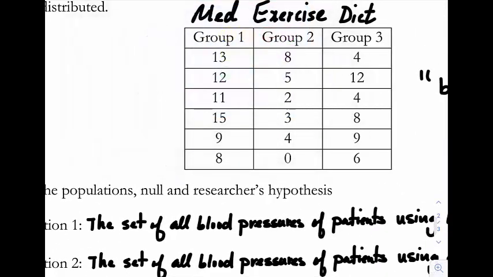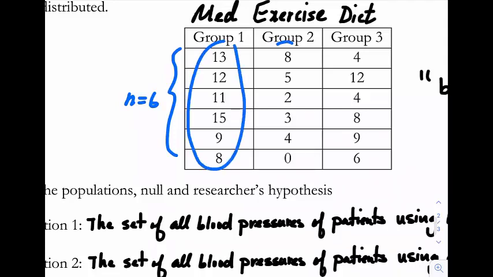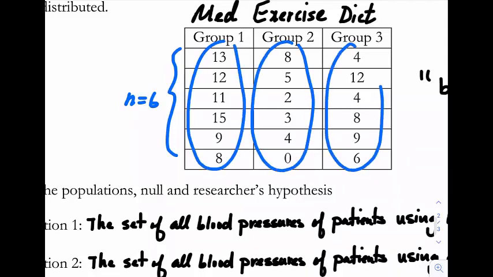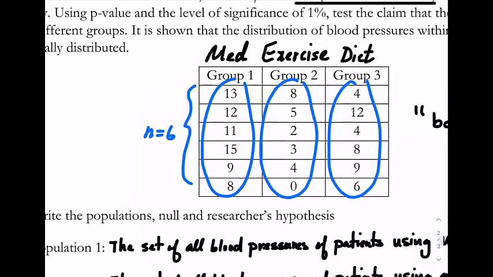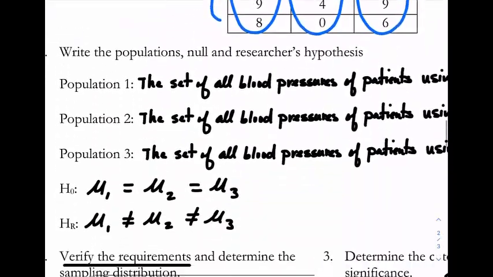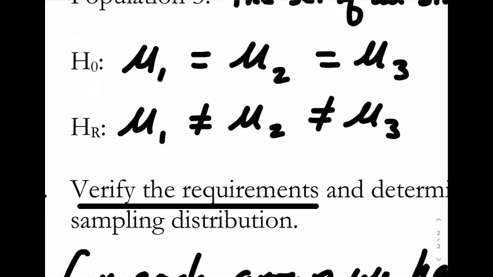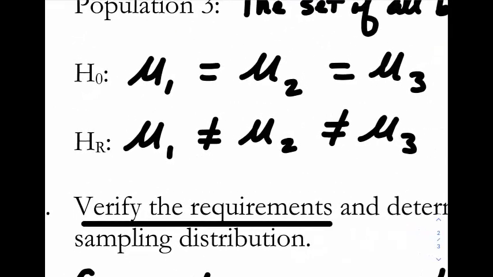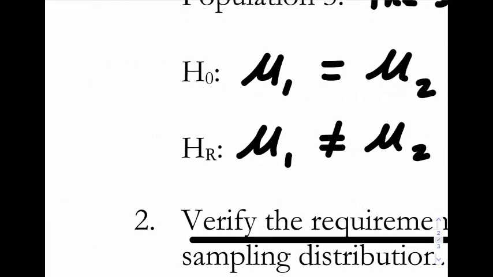But one thing to point out, even when doing this for ANOVA, here I'm just going to say that n is equal to 6 for each one of those groups. You want the sample size to be the same for each one to get the best results out of ANOVA. Now, could you do this without the same sample size? Absolutely, and there's a way to do that. Also, as I stated in the last problem, ANOVA is a test of 3 or more means, but certainly you could do an ANOVA with 2 means if you wanted to.